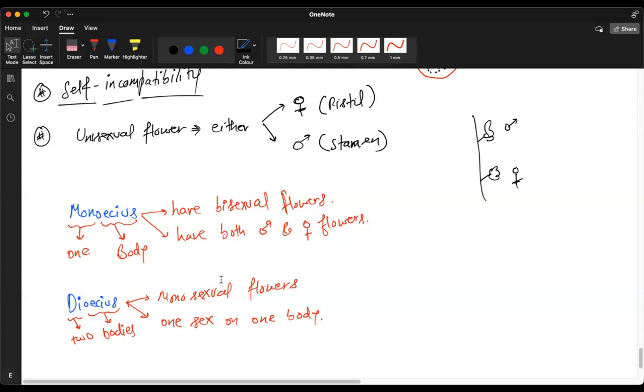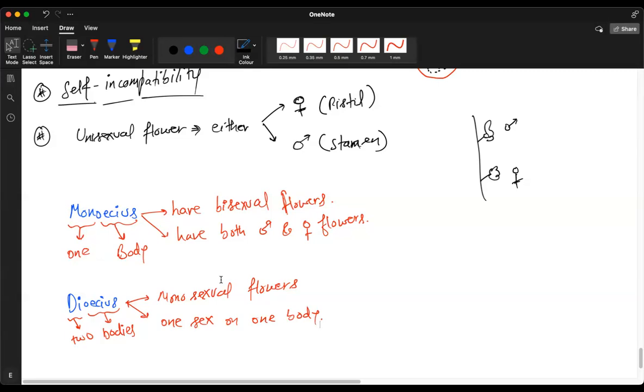Now, let me ask you a trick question which was asked once in board. Write down this question. Under any condition, is it possible?